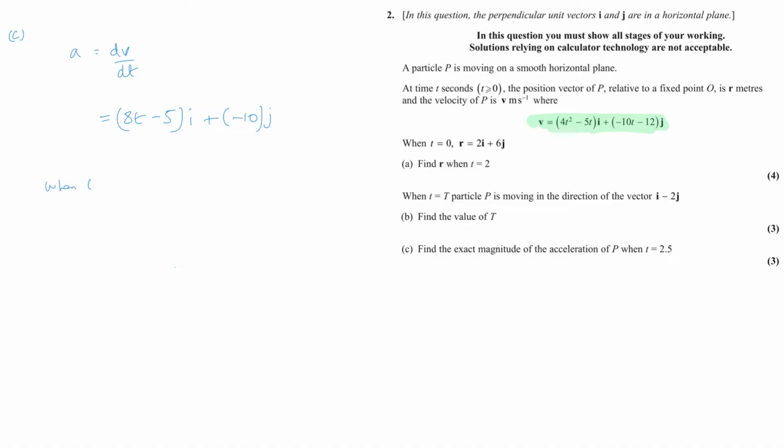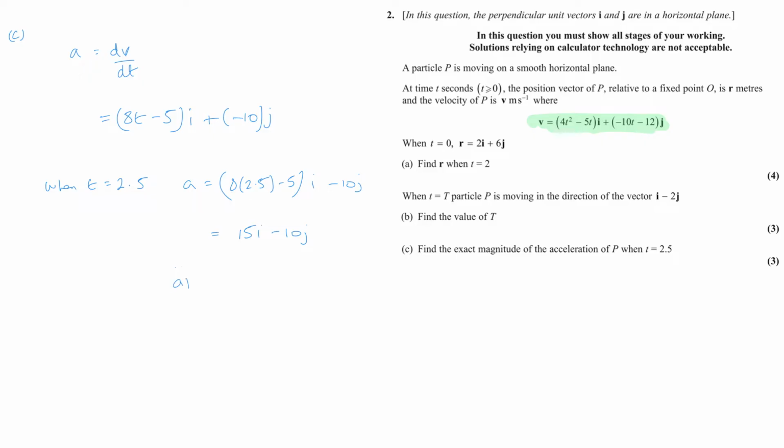When t equals 2.5, a equals, so 8 times 2.5 minus 5, i minus 10j, so 8 times 2.5 minus 5 is 15i minus 10j.